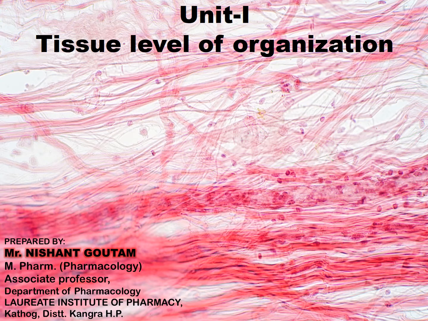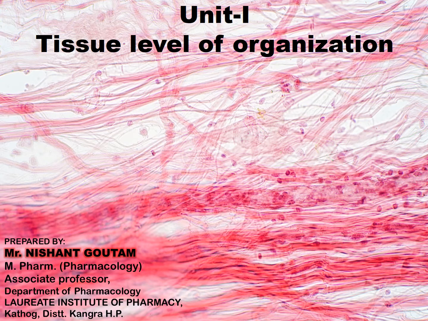Today I am going to teach the subject Anatomy, Physiology and Health Education. In this subject, as per your curriculum, in the first unit, there is a chapter on the tissue level of organization.